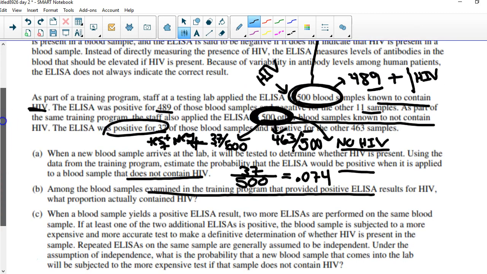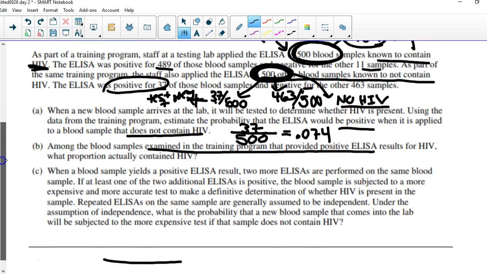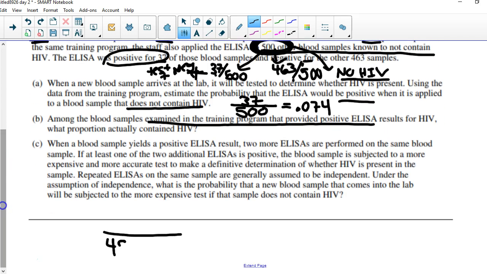There are 489 people who tested positive for ELISA from the group that has HIV. So we're going to put that in my denominator. Plus, we have 37 people, which is right here, who tested positive from the group that does not contain HIV. 489 plus 37 gives me 526.